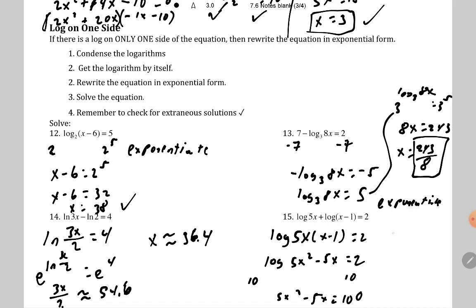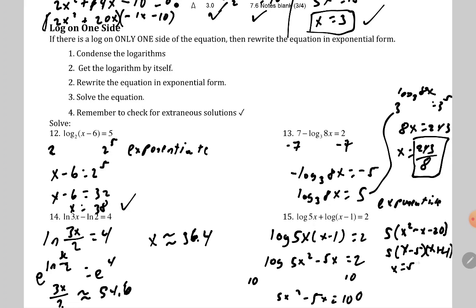Okay, I'm going to subtract 100 over, and then I'm going to factor. So I'm going to take out a 5 at first. So I have 5 times x squared minus x minus 20. And this will factor to 5, x minus 5, x plus 4.